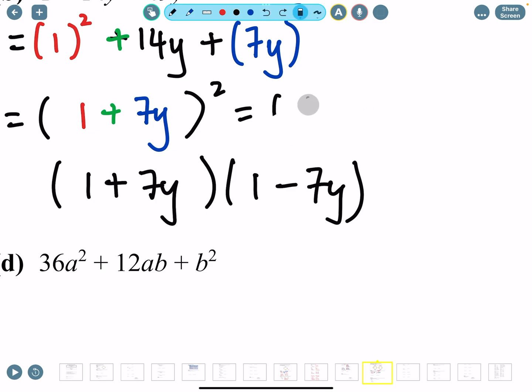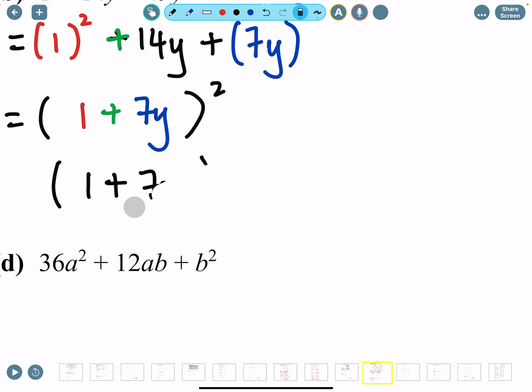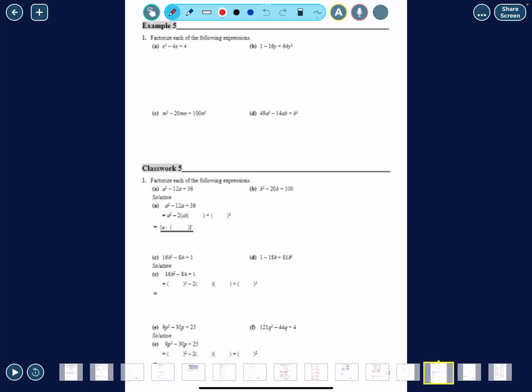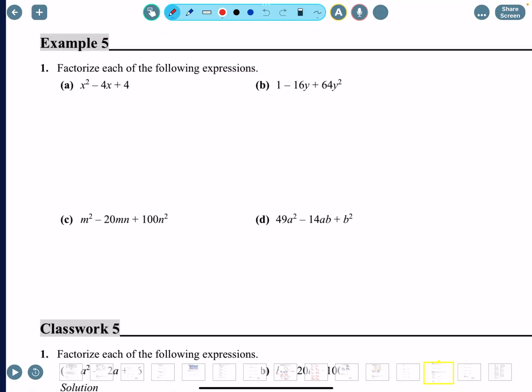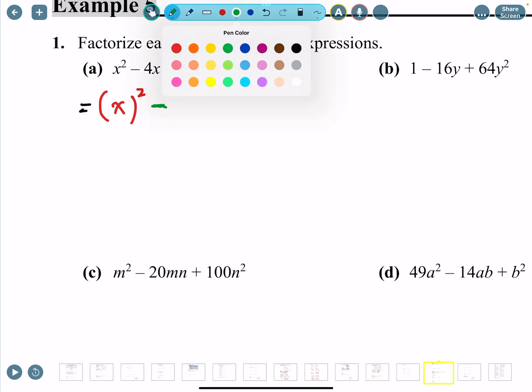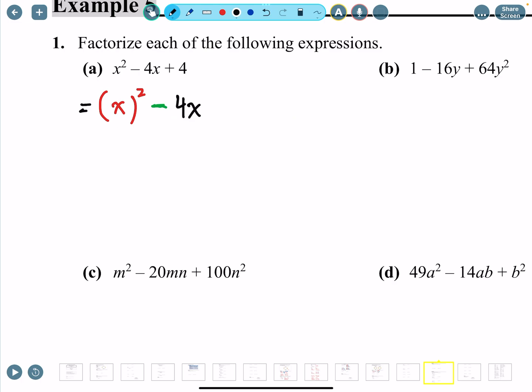We're going to have a quiz on this tomorrow at the end of the lesson. So let's just move on to another type of question where you have to face minus. For minus, you have to change it to x squared again, and then the middle term is going to be a minus 4x.